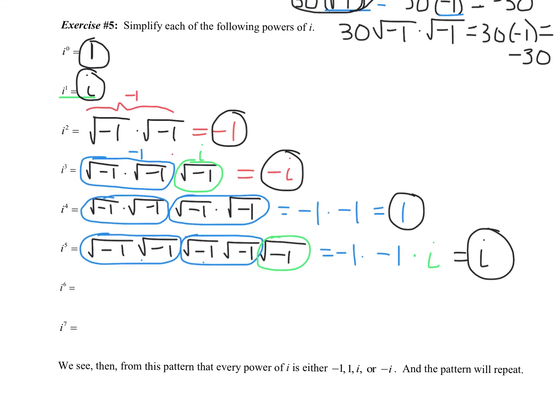We're going to do the last 2. So if this pattern is emerging, it looks like it's a 4-step pattern, and I have in that 4 steps 1, i, -1, -i, and then it looks like it's repeating. So then I have 1, i, so I'm expecting, if this is the pattern, -1 and then -i. So let's write that out.